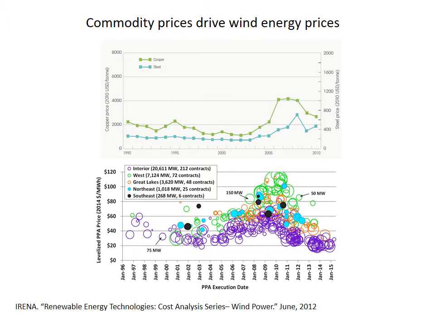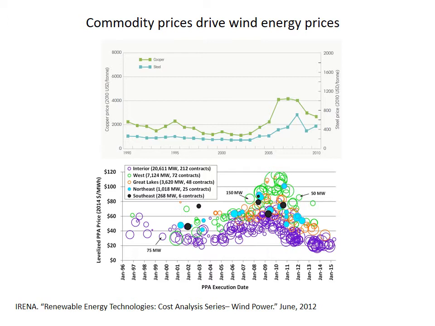And often, if commodity prices are altering the capital cost of renewable energy projects, then it's more appropriate to think about those capital costs really being baked into the cost of renewable energy over the entire project lifetime.